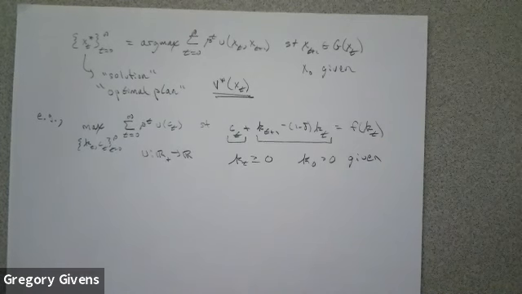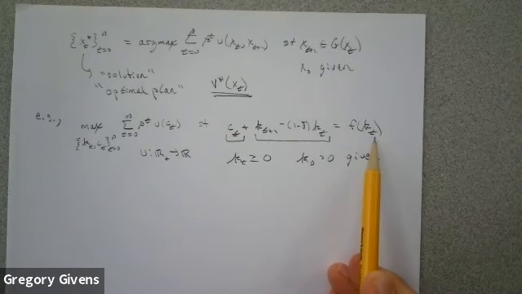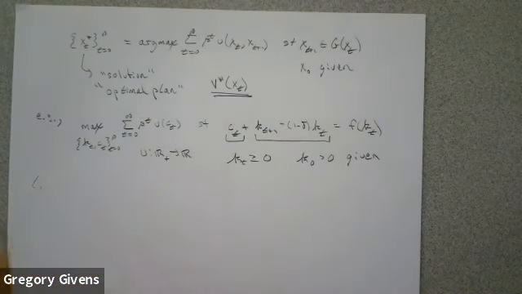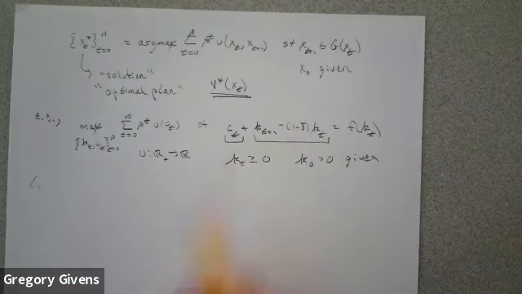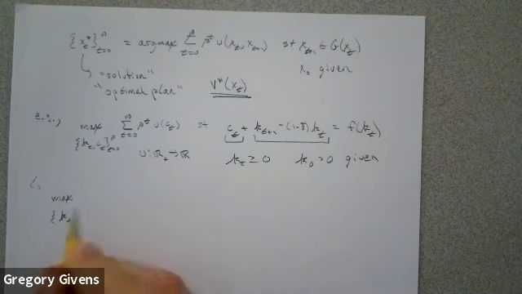That's what is carried over from the previous period, right? The planner's choice of consumption, given what the state is, then determines what next period's capital stock is going to be. So we can transform this problem by taking consumption out of the model and simply maximizing over choice of K_t.